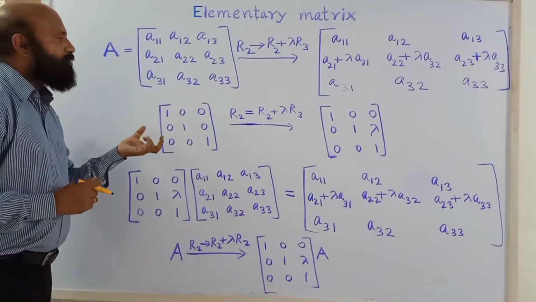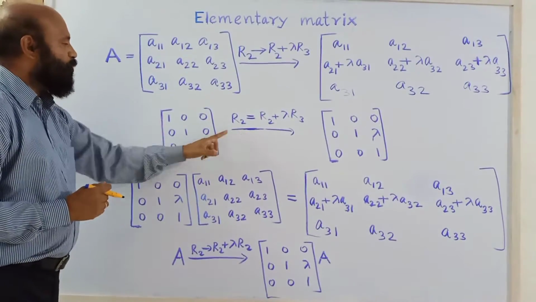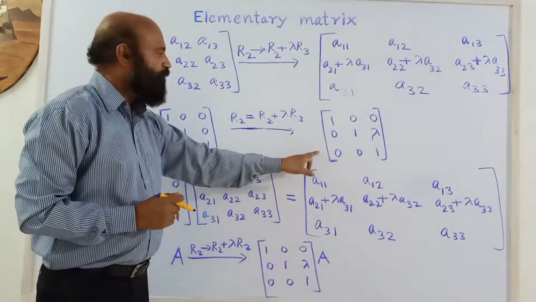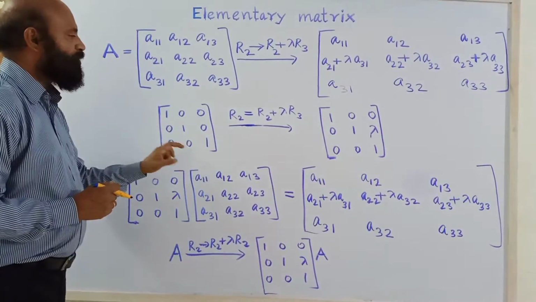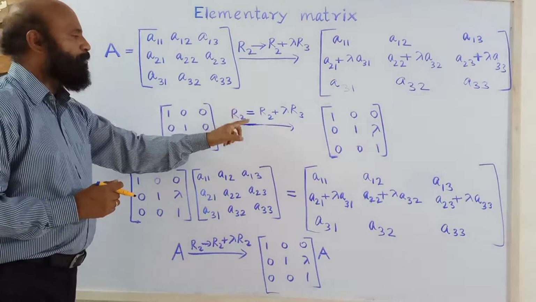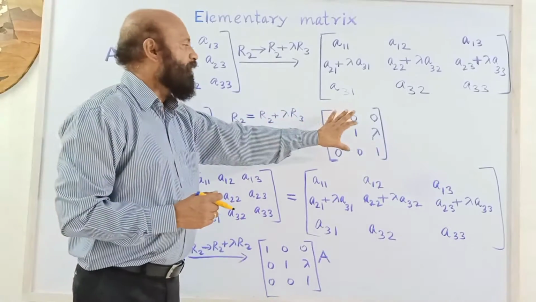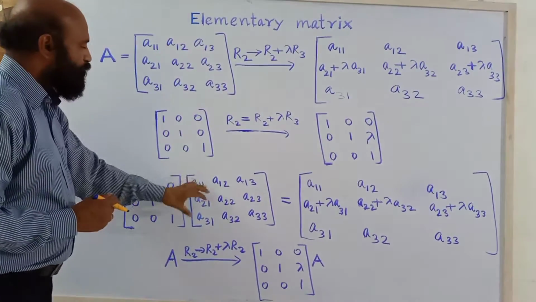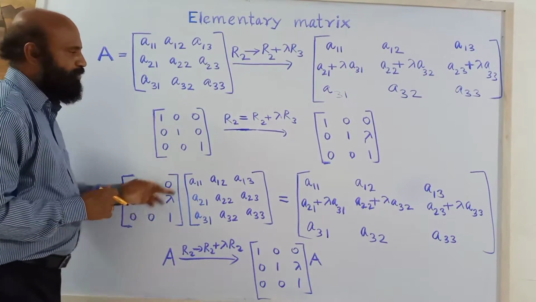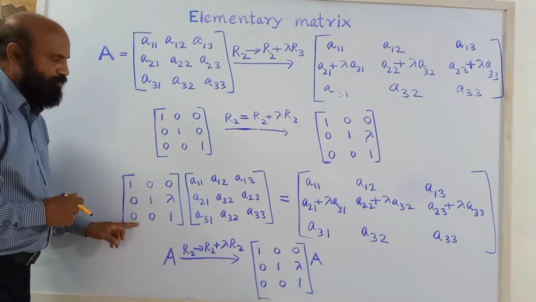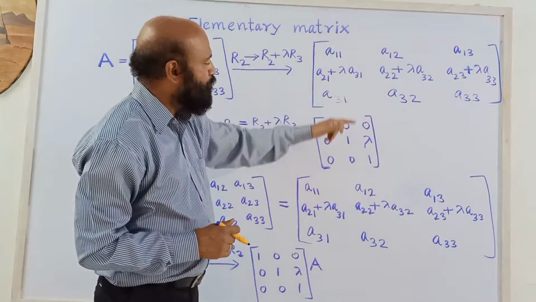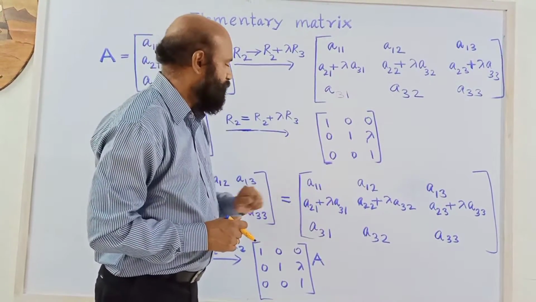Now you do the same elementary transformation on an identity matrix. So you will get it like this. This matrix we are getting from the identity matrix by doing only one elementary transformation. So this is an elementary matrix. Now the same matrix you pre-multiply by this elementary matrix. So you will get this. When we see these two, they are the same.